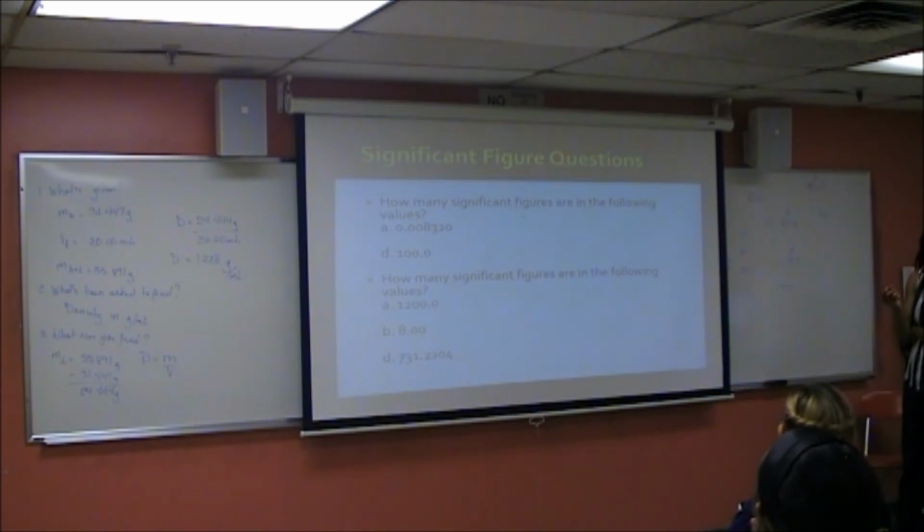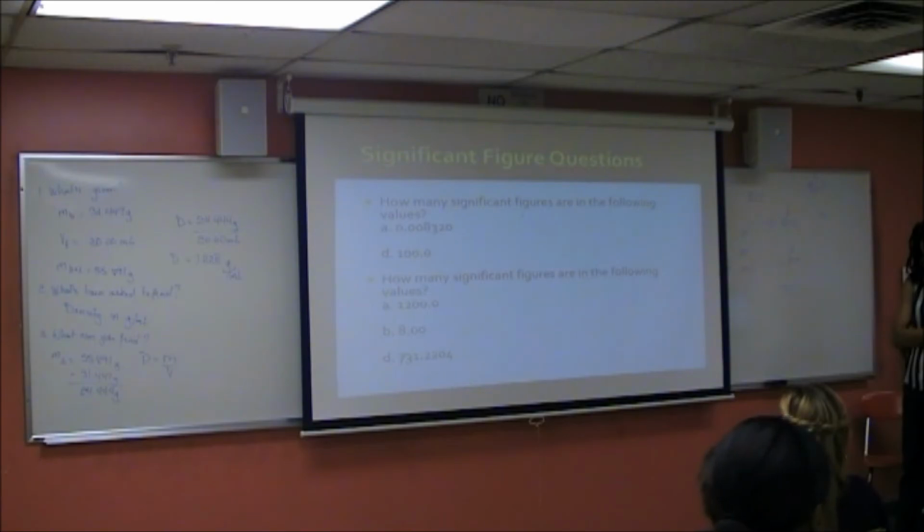4. Are we in agreement? Yes. Go ahead, tell me. 3. Where do you get 3 from? Because the last 0 is a trailing 0.